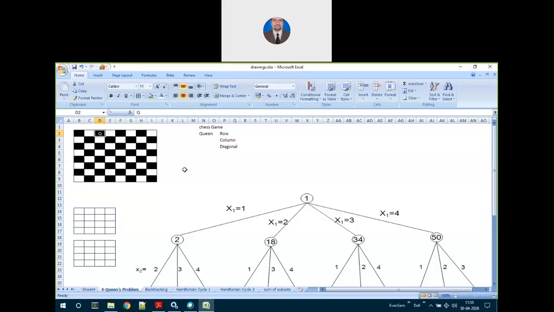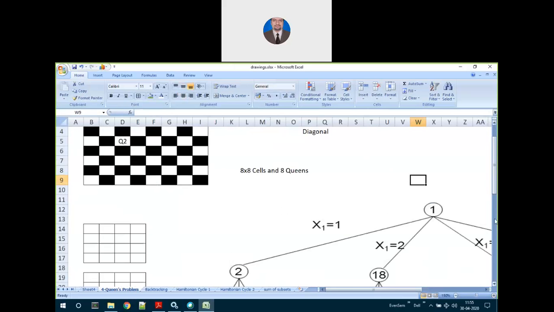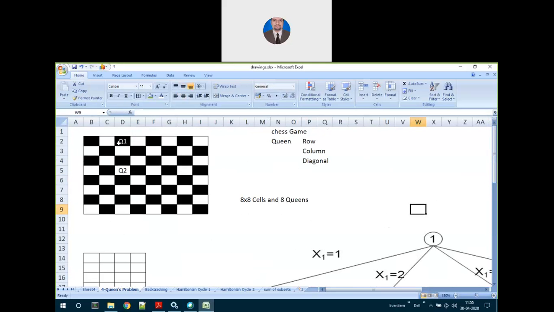Suppose the chessboard consists of 8 cross 8 cells and 8 queens. Assume a queen is over here, let me denote it as q1, queen 1, and suppose I keep another queen over here, say q2. Let me maximize a little bit. Yes, this should be enough. Say this is queen 1 and this is queen 2.